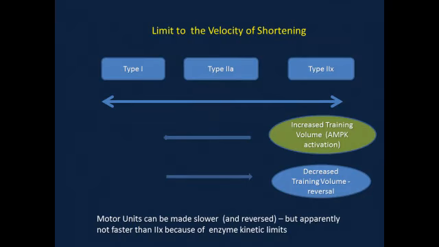Okay? So one of the things that we can do to slow it down is to alter the myosin heavy chains. That is, in a sense, and notice I'm saying in a sense, change the fiber types. And if we increase the volume of training, and it doesn't seem to matter what the training is, weight training, sprinting, endurance, whatever, if we get enough volume, we start shifting the myosin 2X heavy chains towards a slower type.